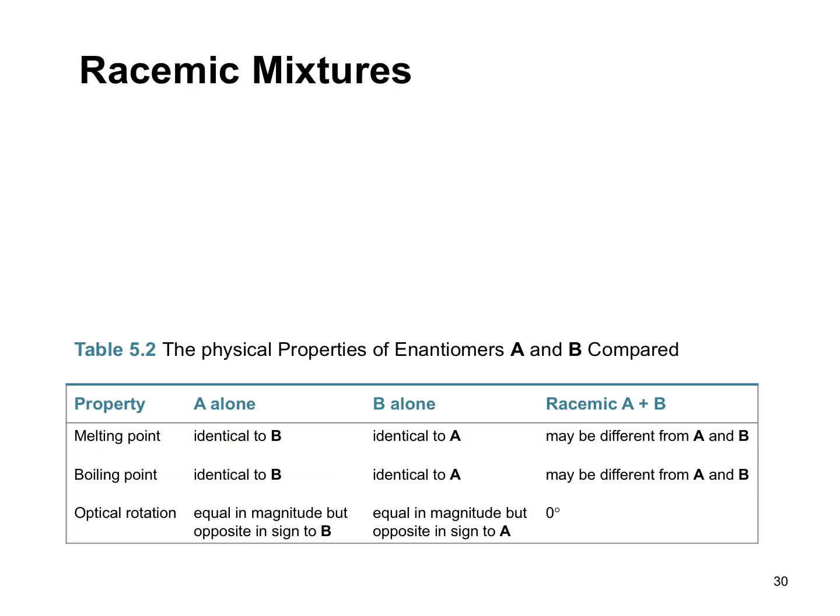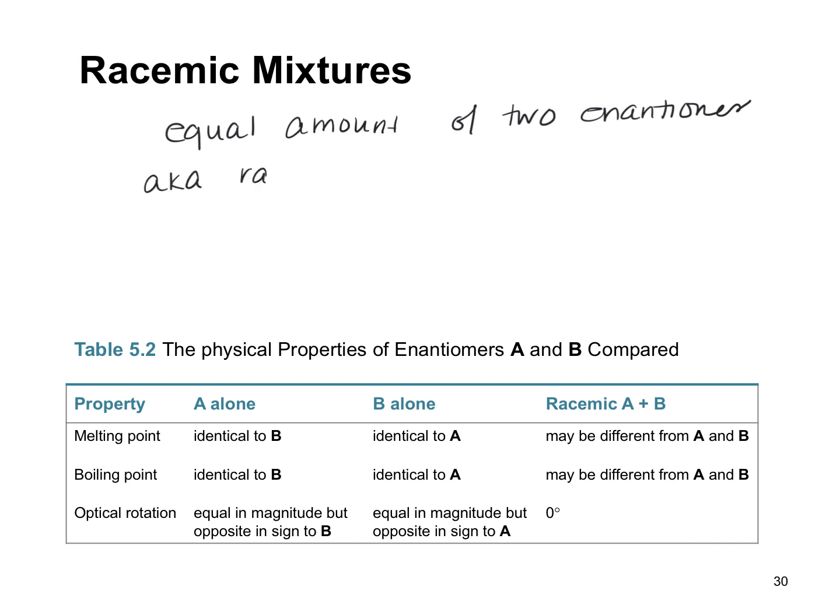Now, we can also have racemic mixtures. Racemic mixtures are when you have an equal amount of two enantiomers, right? Those are called racemic mixtures. They're also known as racemates, right?